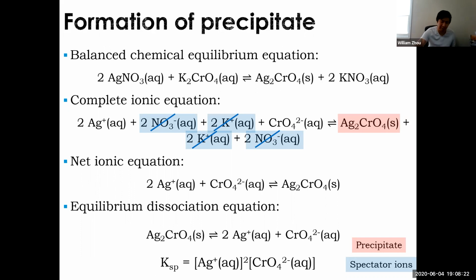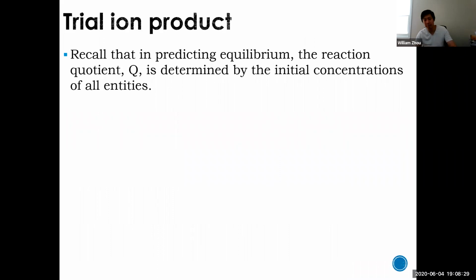Okay, so you need this skill in order to proceed with the more complicated examples. All right, so the trial ion product is represented by Q. This is the same Q that we learned in the previous class. It is just the same as the K, except you don't have to be at equilibrium.